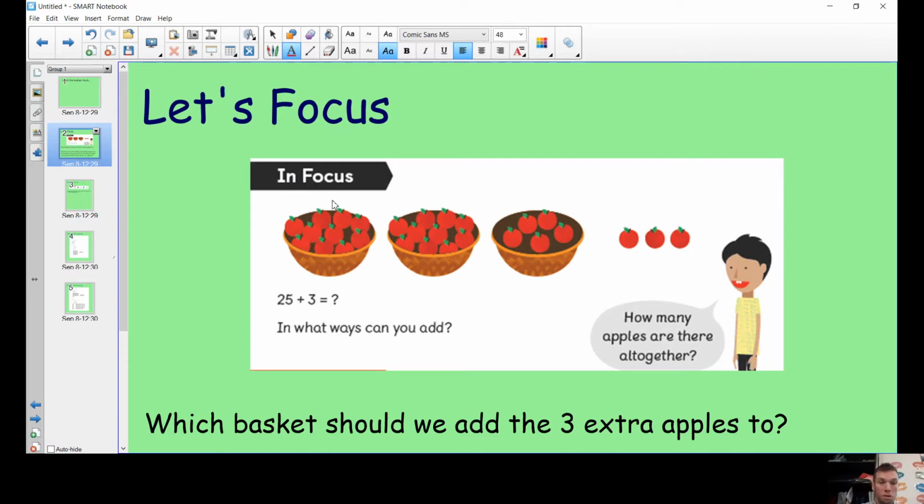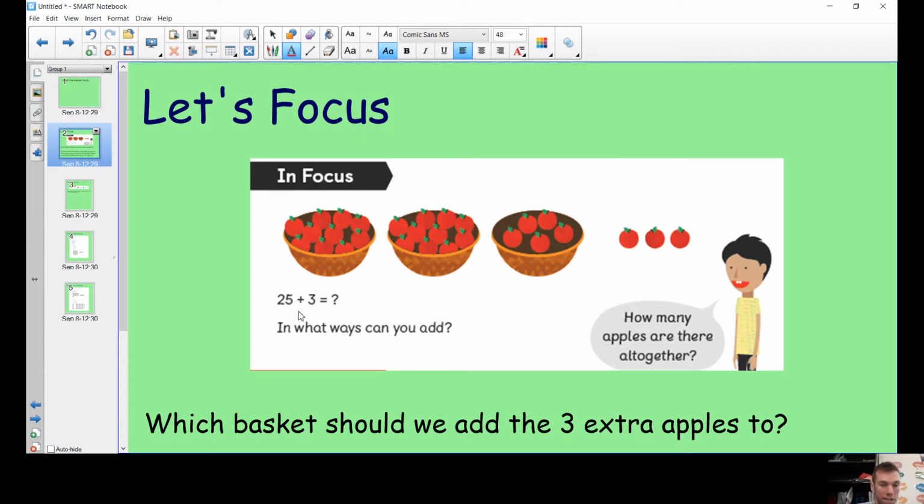Now what I'm going to do to be really fluent is I'm just going to look at my ones. So my ones numbers are 5 and 3. And I want to add those numbers up, my 5 and my 3, and then I want to add them back onto my 10s.